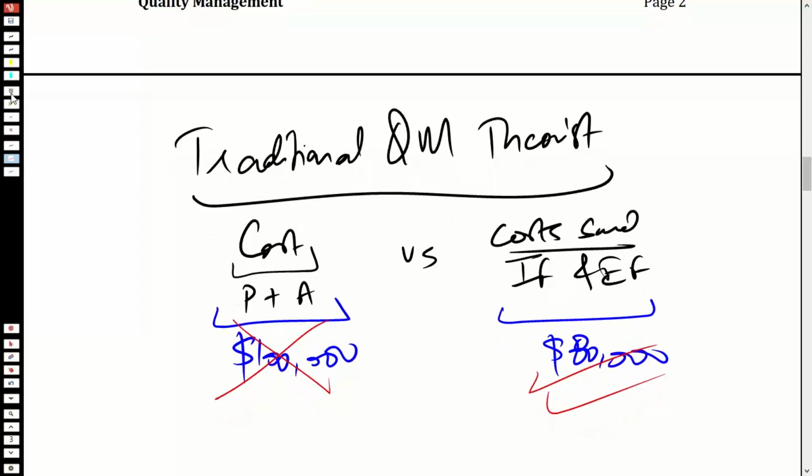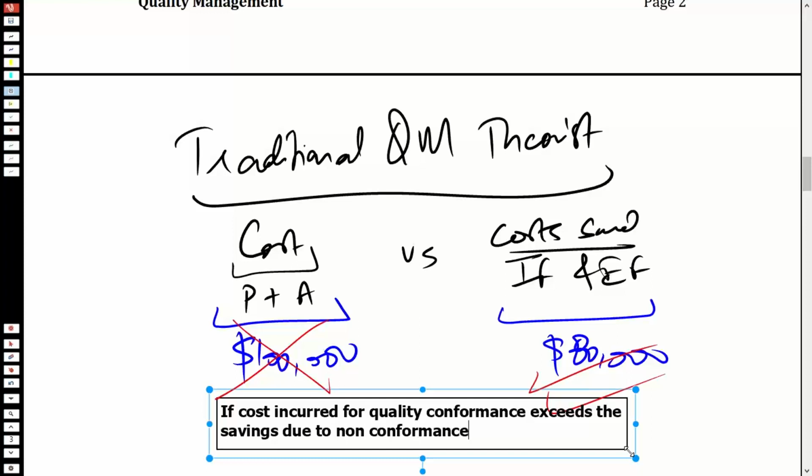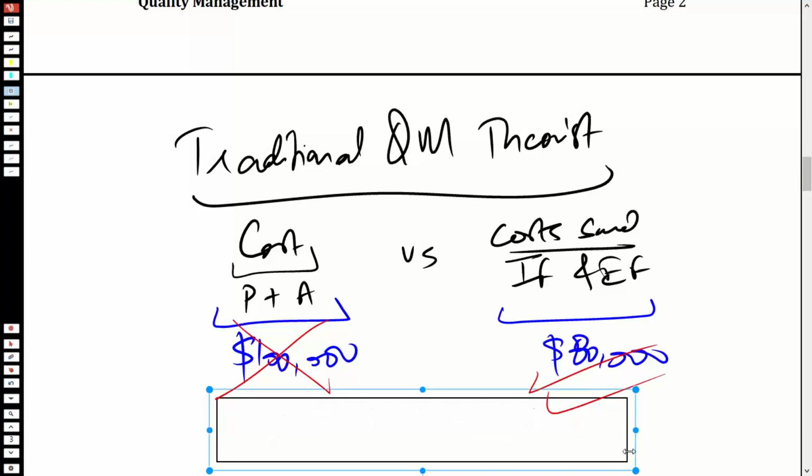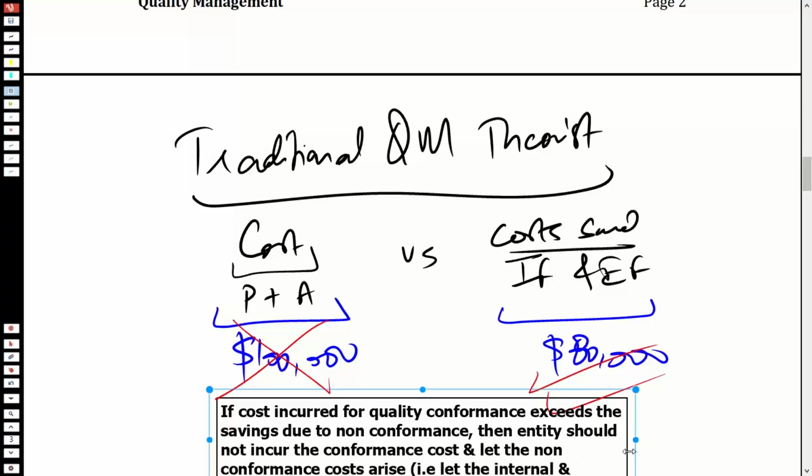So the concept of the traditional quality management theorists was that if the cost incurred for quality conformance exceeds the savings due to non-conformance, then the entity should not incur the conformance cost and let the non-conformance cost arise, that is, let the internal and external failure happen.